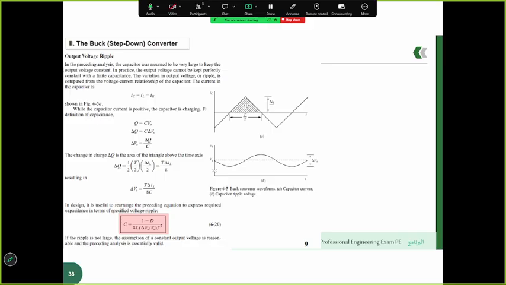Using the basic capacitor relationship, Q is equal to CV, any change in charge, delta Q, results in a corresponding change in voltage.